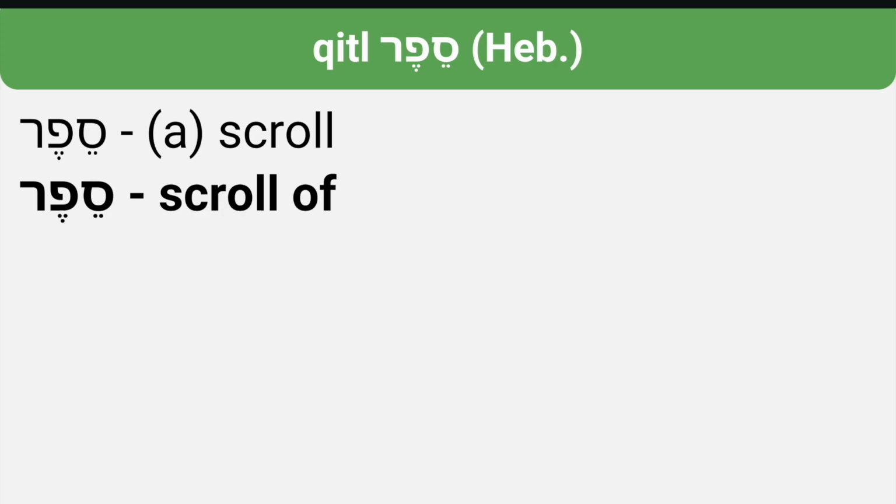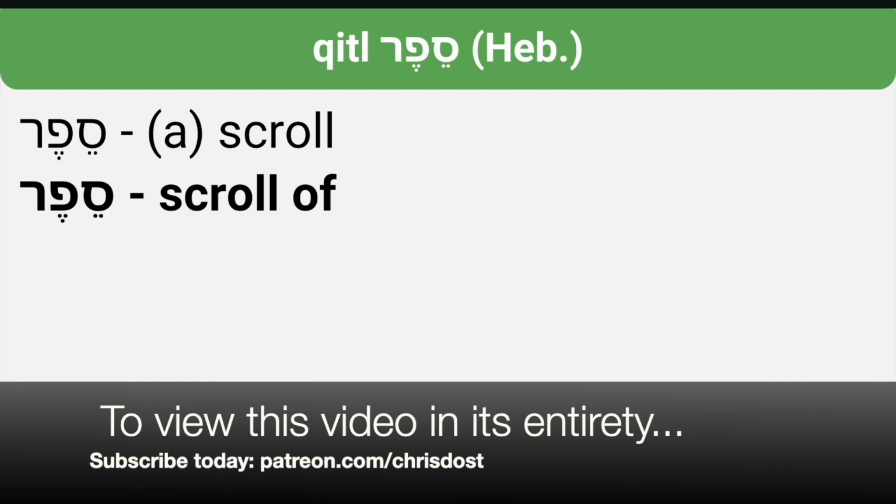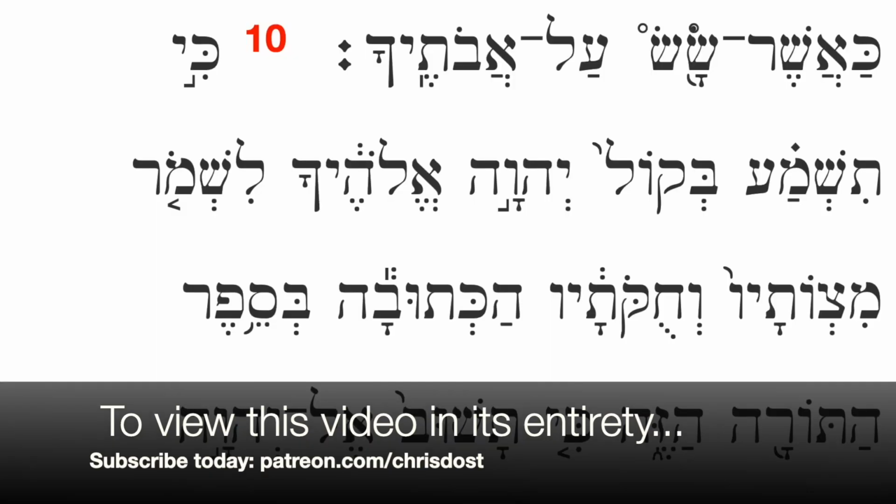The masculine singular construct form is identical to the masculine singular absolute form that we just looked at, sefer, which means scroll of. They are not distinguished in form, they're only distinguished in function. We see the form sefer functioning as a masculine singular construct in Deuteronomy 30:10, where we read, Ki tishma b'kol Adonai Elohecha lishmor mitzvotav v'chukotav haktuva b'sefer haTorah zeh.